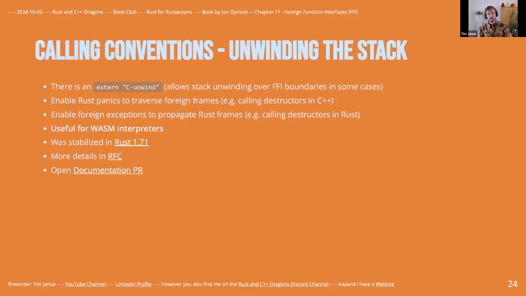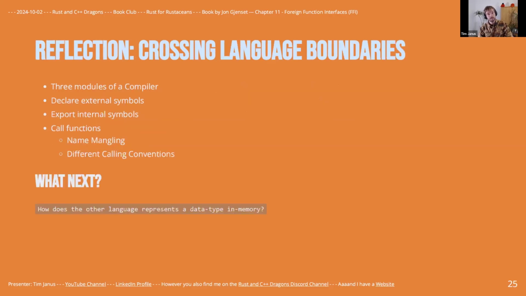I also put some links here, because when you do a bigger FFI project, especially if you work with C++, you are probably interested in this. We just learned about the first half of the chapter.